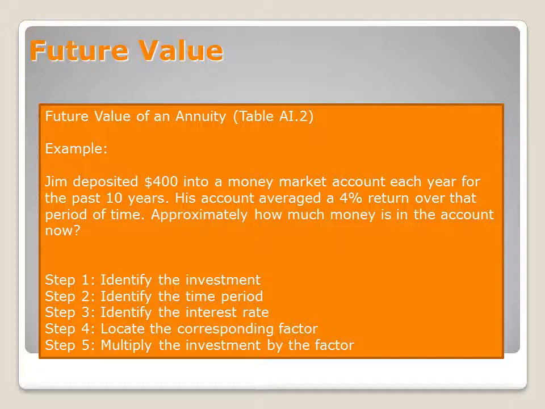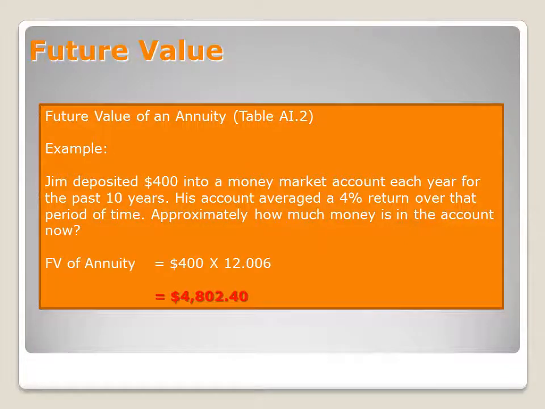So you would not use table A1-1, page 506. You would actually use page 507, A1-2, which is the future value of annuity. You would do it the exact same way, but you'll use a different chart. So you want to be conscious of which chart you use. So see if you can solve this problem on your own as well. Hopefully you have done so successfully and you would arrive at this answer.